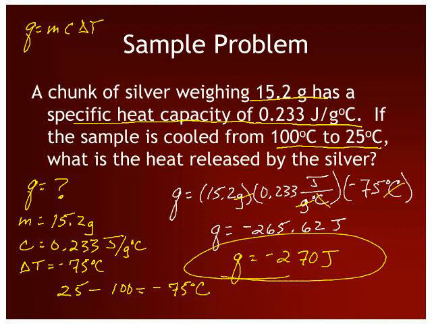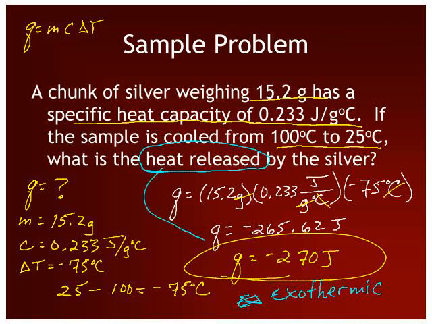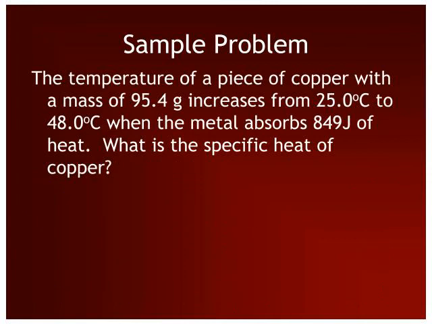So since Q has a negative number, this reaction is exothermic. And that makes sense because here in the problem it says the heat is released. When you have heat released and a negative Q, then you know it is an exothermic reaction. Let's do another problem that's different.